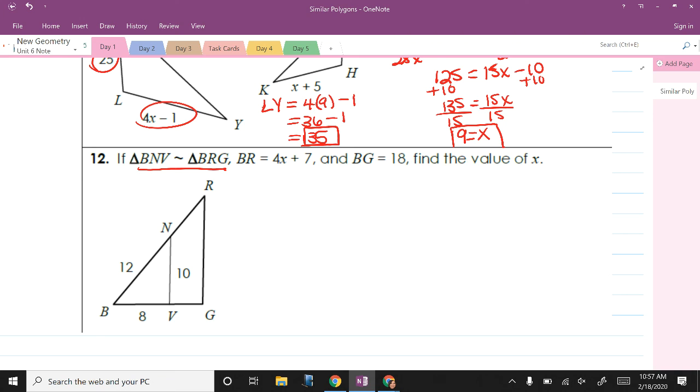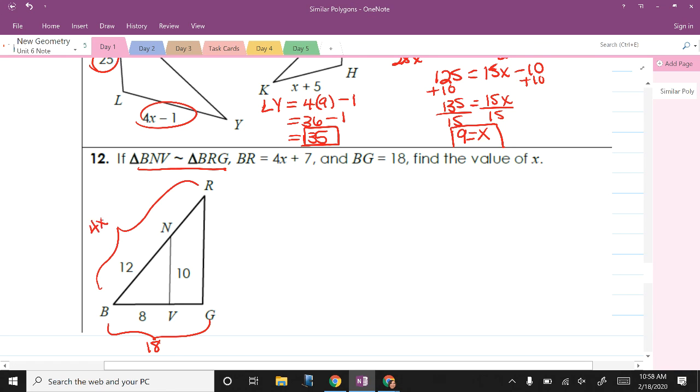So, it told me some things that are not drawn on the picture. It tells me that BG, which is this whole thing, is 18, right? And they tell me that BR, which is this whole thing, is 4x plus 7. So whatever is not drawn or labeled on the picture, make sure that you label it.